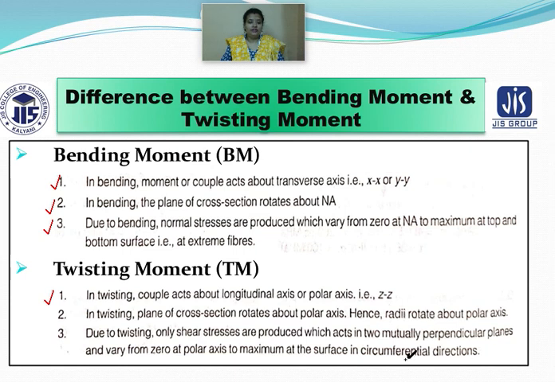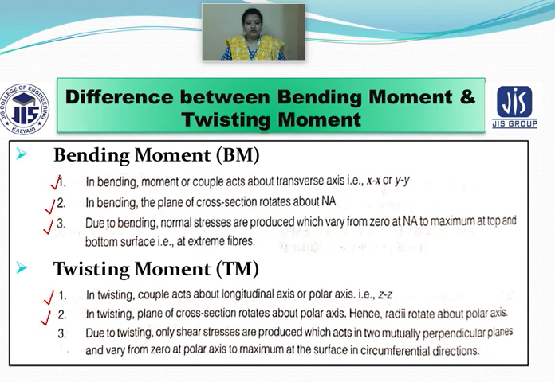Second point, in twisting, the plane of cross section always rotates about your polar axis. Hence the radius or the radial line rotates about your polar axis also. So if you consider the plane of the cross section in twisting, then it basically rotates about your polar axis.